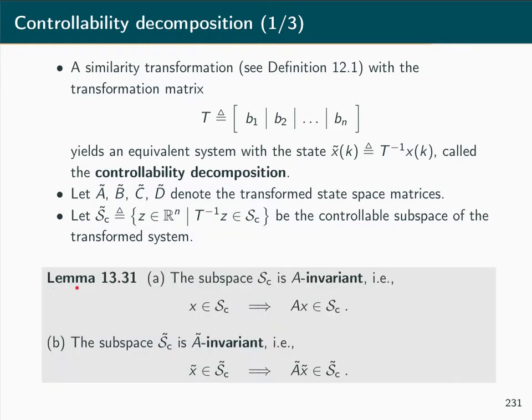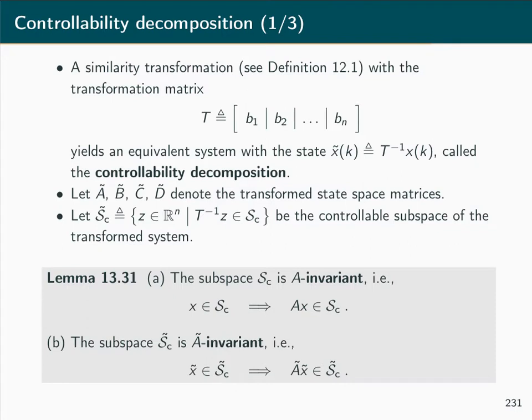Lemma 13.31 states that A, the controllable subspace SC, is A invariant, meaning that for any x in the controllable subspace, we have that also Ax is in the controllable subspace.